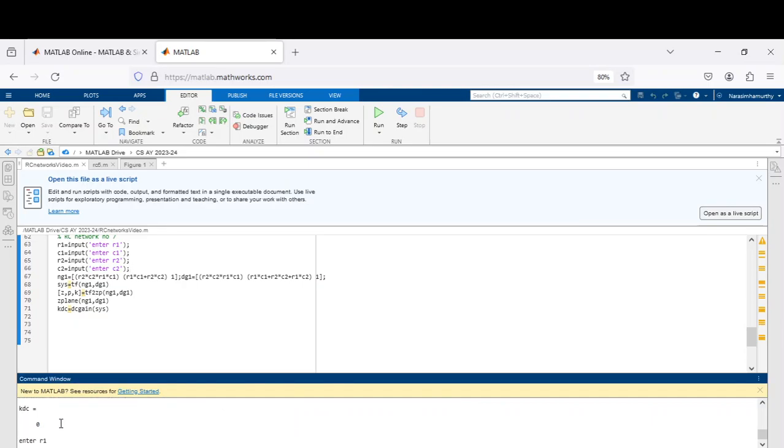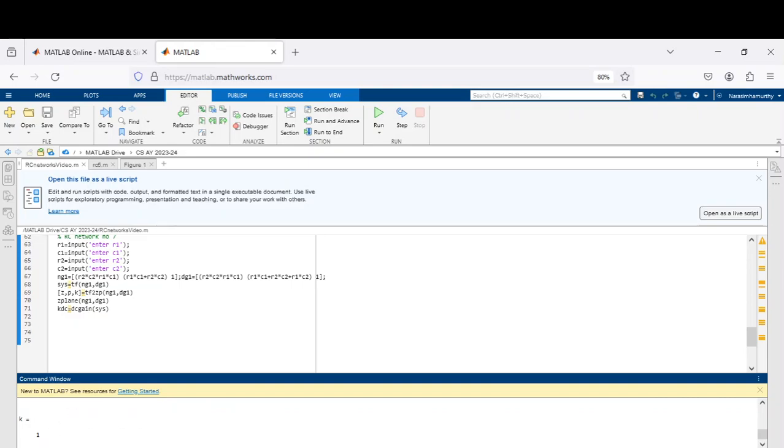Now R1 is 1K, 1000, C1 is 1 micro, 1E-6, R2 is 100 ohm, and C2 is again 1E-6. You can see now, of course, I am supposed to get a DC gain of 1.